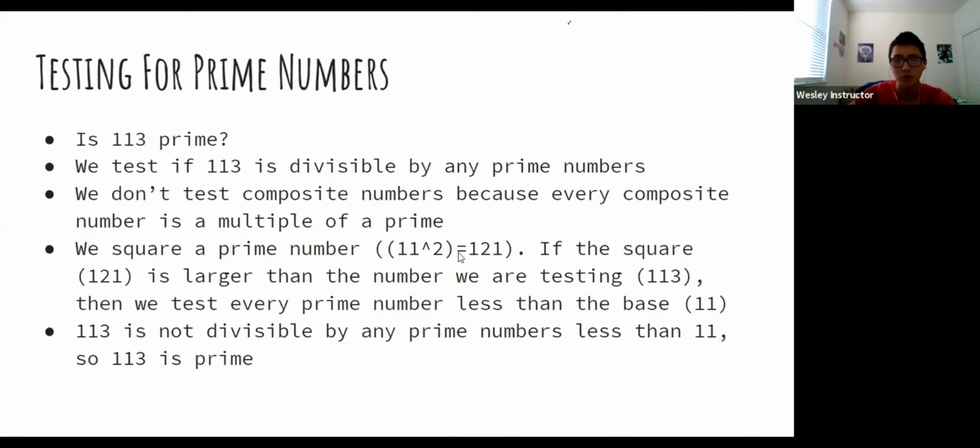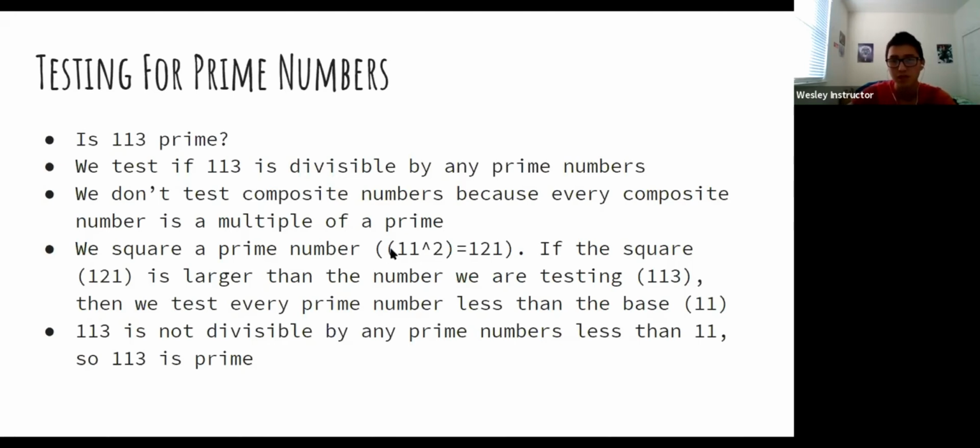And the reason we square it is because, when we go in reverse order, we test all the smaller prime numbers up to 11. We see that no number up to 11 is divisible. 113 is not divisible by any number up to 11. So we ask ourselves, are there any prime numbers bigger than 11 that we can test?